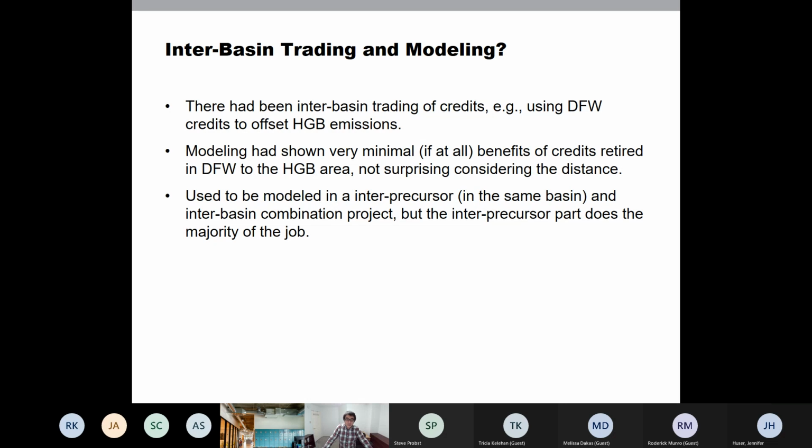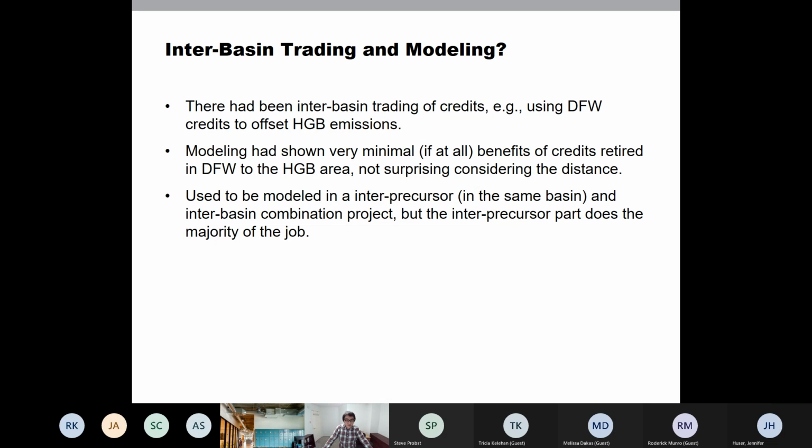The modeling also showed that some of the Dallas-Fort Worth credits are basically a reduction on paper, because scientifically they do not offer any benefit to Houston-Galveston-Brazoria air quality. But they make up the number of tons that you have to retire in the Houston-Galveston-Brazoria area.